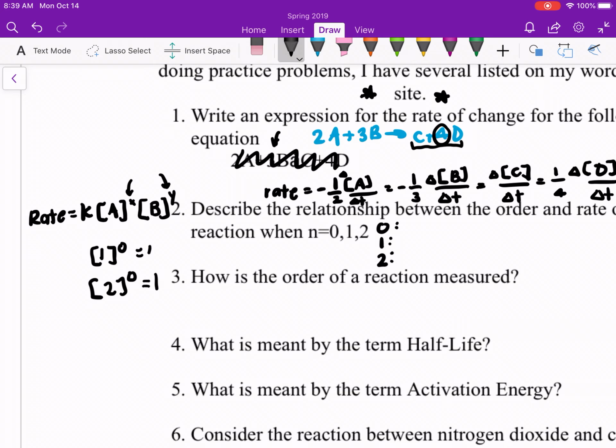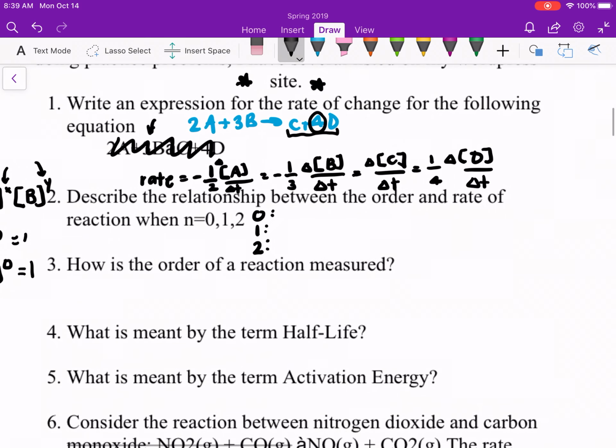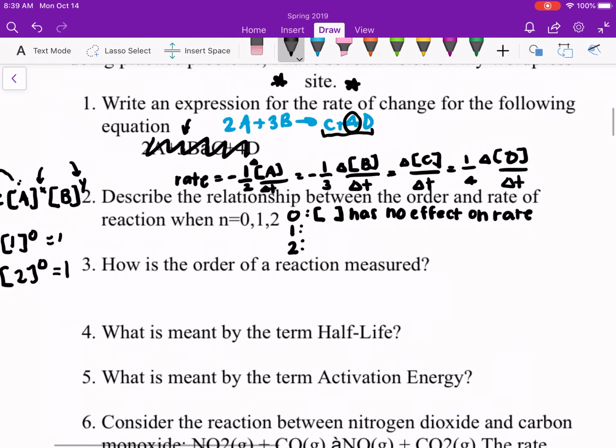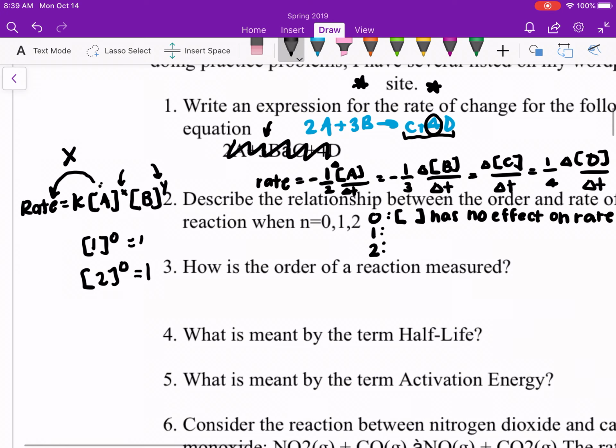So with respect to order, if I double the concentration for something that's 0 order, that tells me concentration has no effect on rate. If something is first order, let's say I raise 2 to the 1, that's 2.